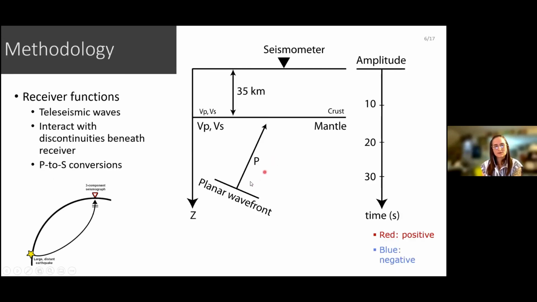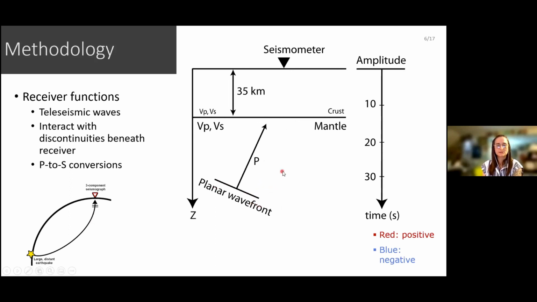I'm just going to quickly go over receiver functions again, although we had a previous presenter also cover them. Receiver functions rely on large distant earthquakes producing teleseismic waves that, when they reach the seismometer, can be approximated as a plane wave, and that initial P wave is also near vertical.